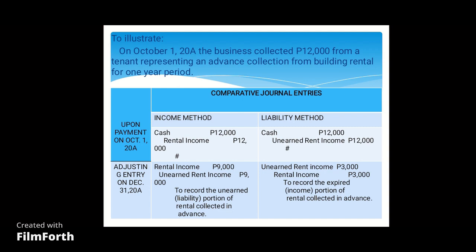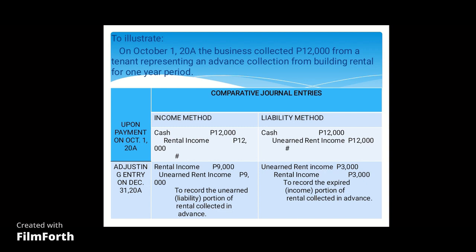Owner's equity is overstated as well because the net income closed to capital is overstated. Therefore, in income statement, net income is overstated and in the balance sheet, liability is understated and owner's equity is overstated.